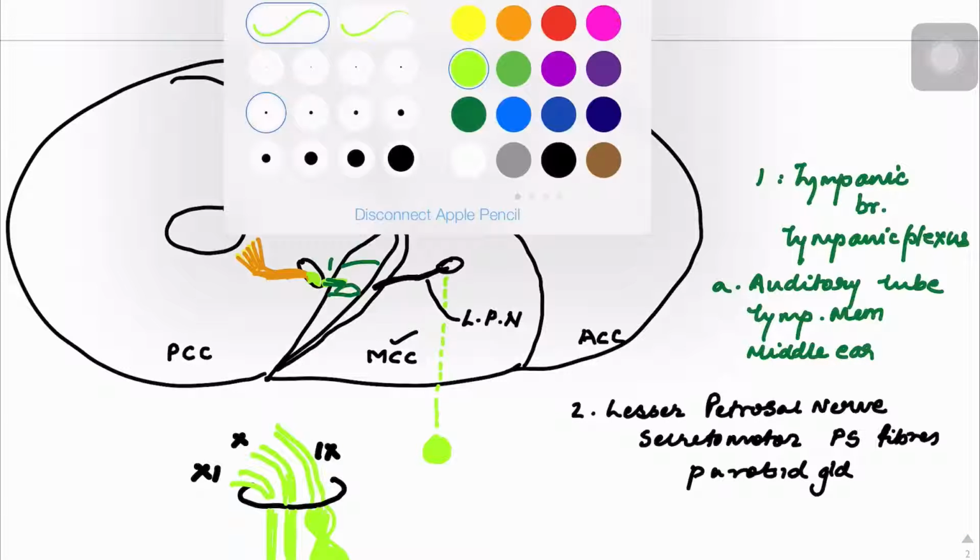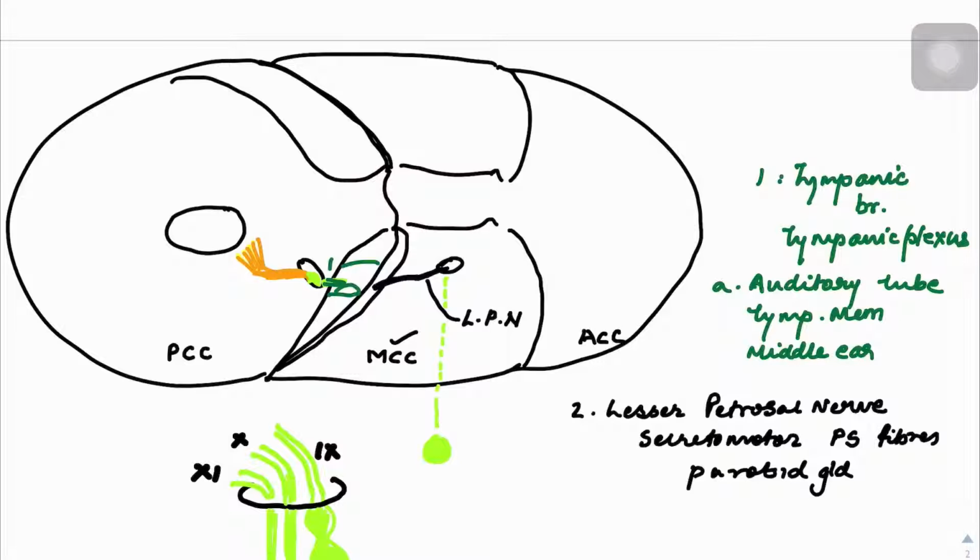So I label this ganglion as otic ganglion. The otic ganglion is the one which will receive the preganglionic parasympathetic fibers from the glossopharyngeal nerve.